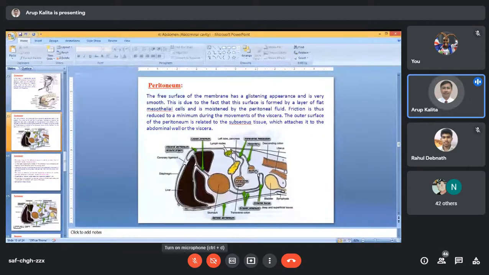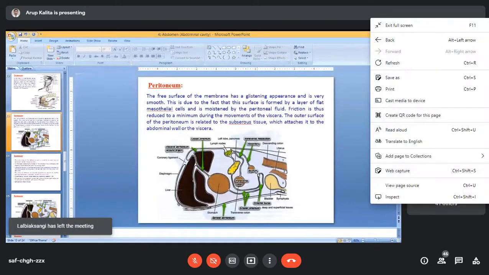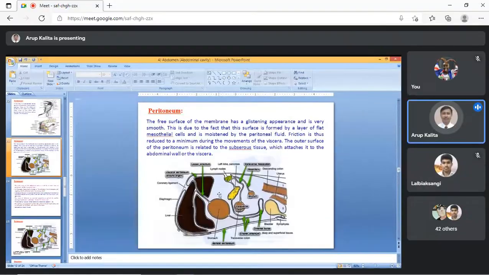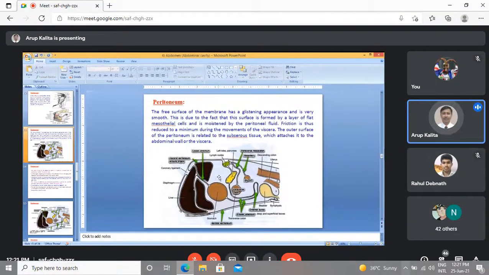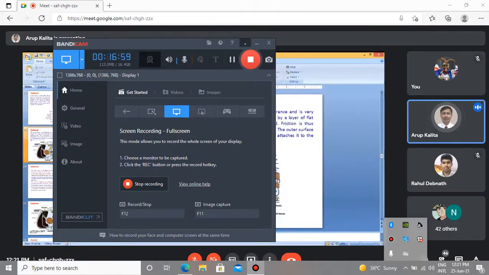Now, as this layer is formed by the serous membrane, it secretes a fluid, and that fluid is known as peritoneal fluid. That peritoneal fluid is present inside the peritoneal cavity, and this fluid allows the movement of the organs present in the abdominal cavity.